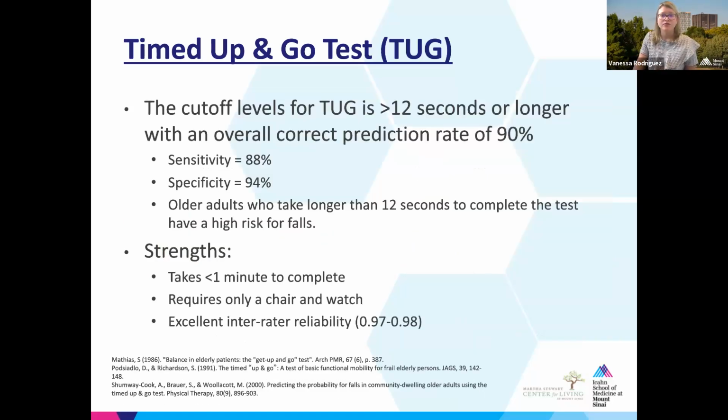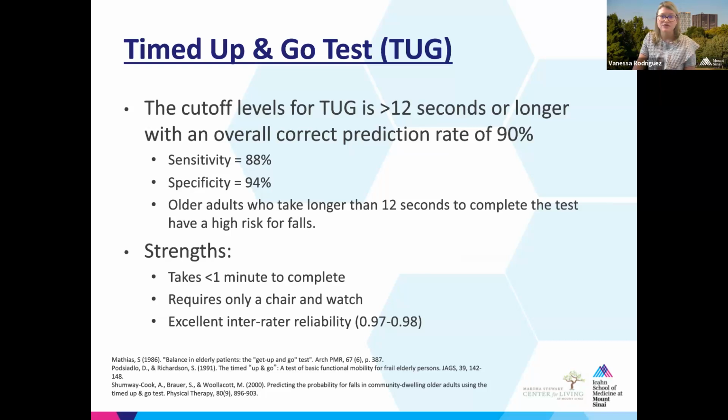A person that takes 12 seconds or longer can be predicted, with about 90% accuracy, a sensitivity of about 88% and specificity of 94%, to have a really high risk for falls.